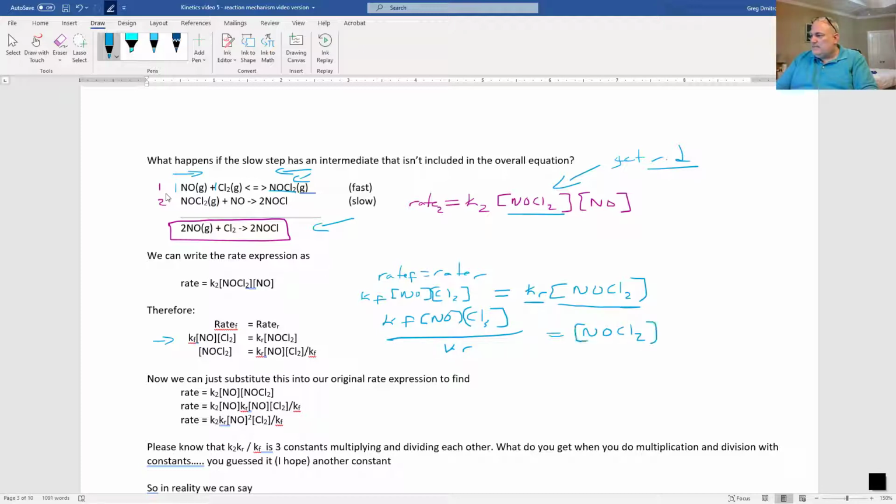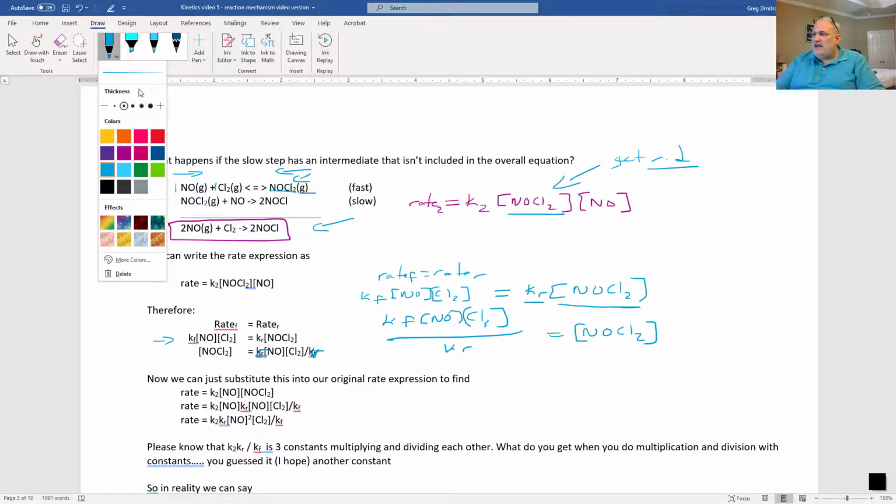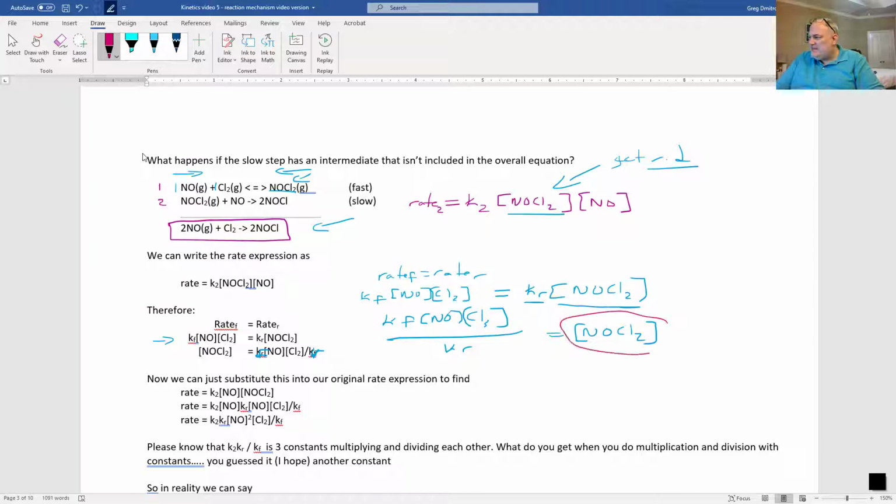And I just realized why I didn't use this, because this is written incorrectly. The way it's written right now, this should actually be Kf and this should be Kr on the bottom. What's cool about this is that when you have that expression, you can take this right here and sub it back in to this. So we can take this whole expression and put it into here. So it's going to replace it.